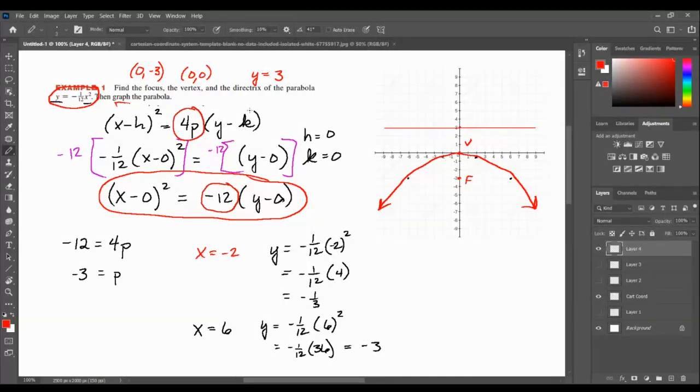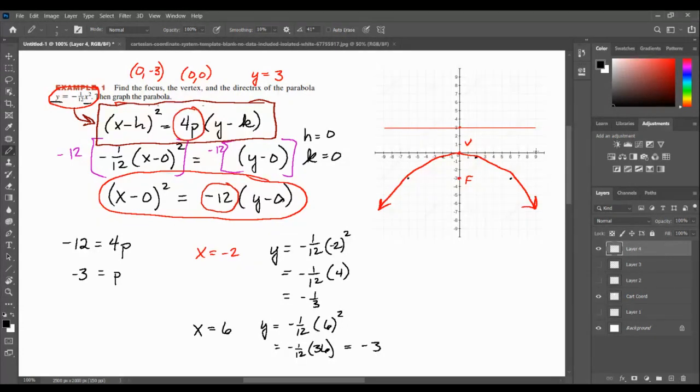We used this formula from the formula sheet, and we converted the one they gave us into that format, and then we could read right off what is h, what is k, what is p, and that allowed us to graph this particular parabola. Again, really just using the information from our formula sheet.